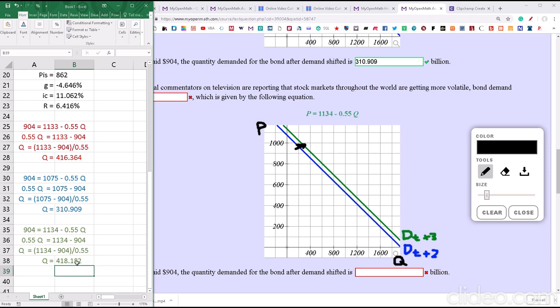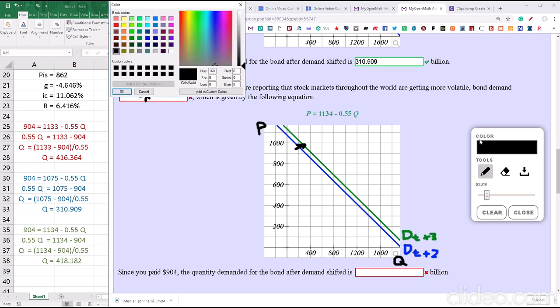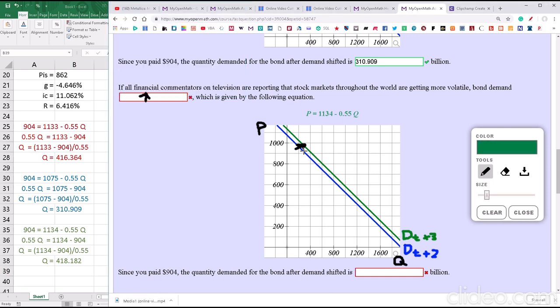So quantity rebounded back up to 418. So I'll go ahead and label it so I don't lose it. So we're back up to 418, just to the right of that vertical line. So this is 418 to 0 decimal places, right? And what was it?